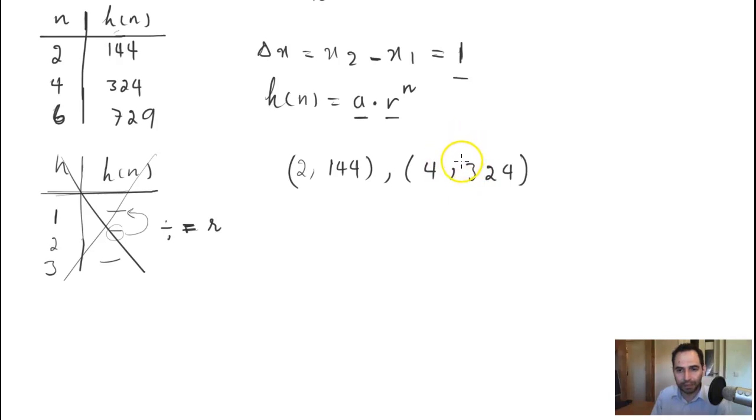You know that the equation of this function is of this general form, so you can rewrite this equation using each of these 2 points. So h of n becomes your output, 144, is equal to a times r raised to the nth power, and n here is 2. You call this equation number 1.